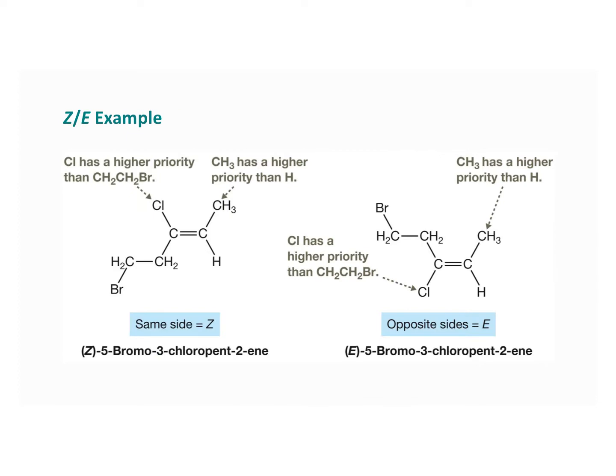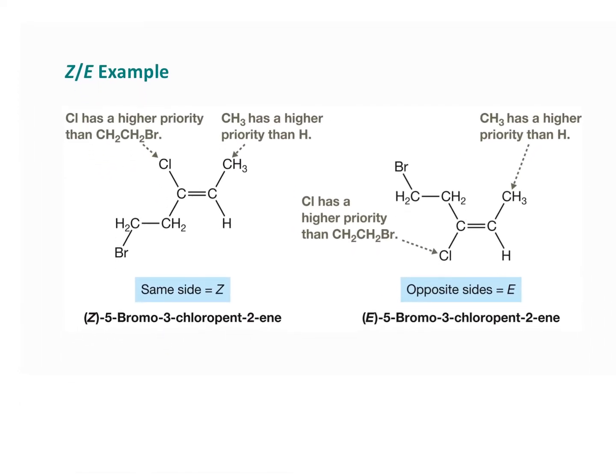We're going to use all the rules that we've learned so far as high priority is concerned. When we compare CH3 to H, CH3 is going to have the higher priority. And when we compare chlorine to CH2, chlorine is going to have the higher priority. The two high priorities here are on the same side, so they get the Z designation.